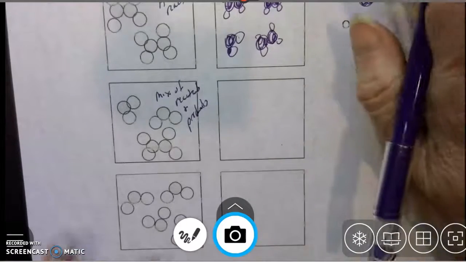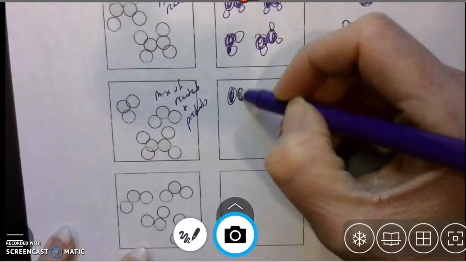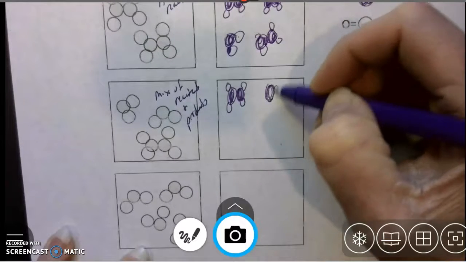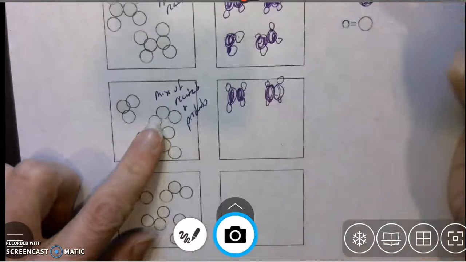And I'm going to draw basically the same thing. I'm going to always come back to what I started with. At the top is my equilibrium. So in this case, there's more NO2.